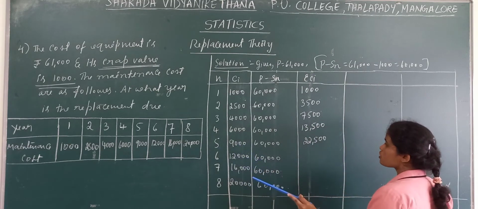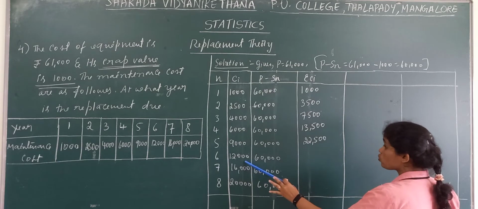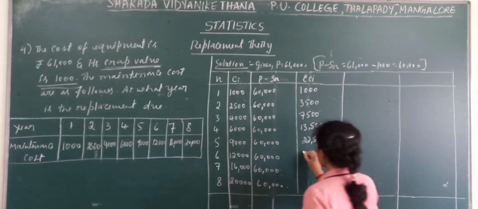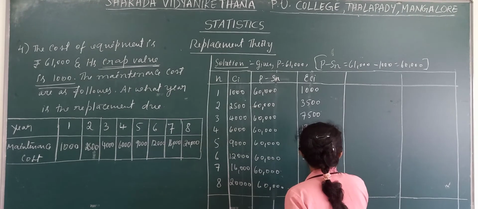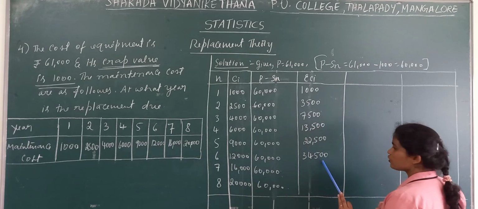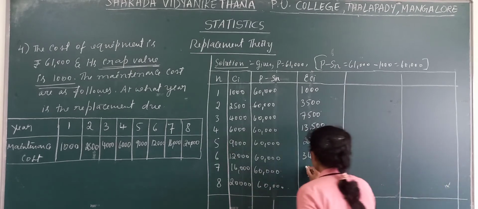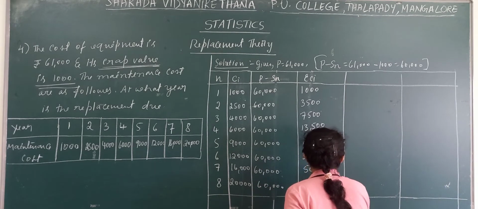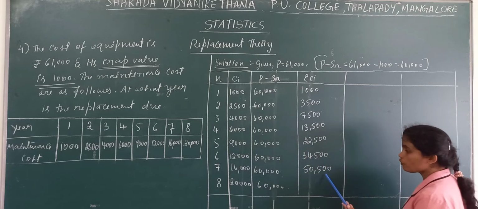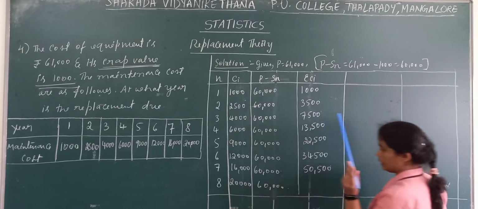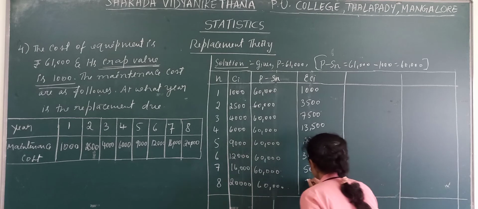Next 22,500 plus 12,000, that is 34,500. Next 34,500 plus 16,000, we get 50,500. And at last 50,500 plus 20,000, that is 70,500.